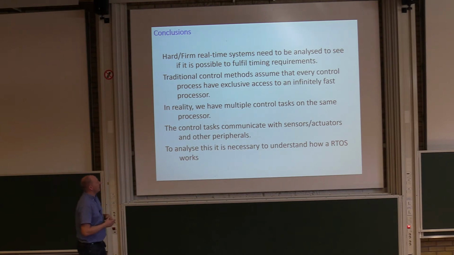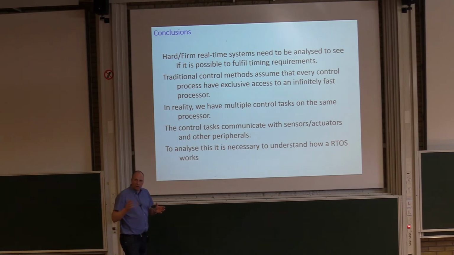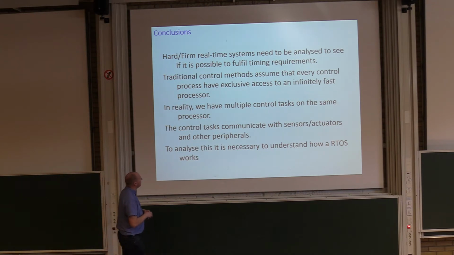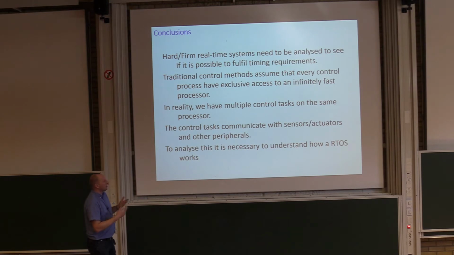And a problem is that we typically throw several different control tasks on the same processor, but it can also be other tasks, so it's not necessarily only control tasks. It can be interacting with the user or logging, etc. And they communicate with sensors and actuators, and there might be a network involved here as well.